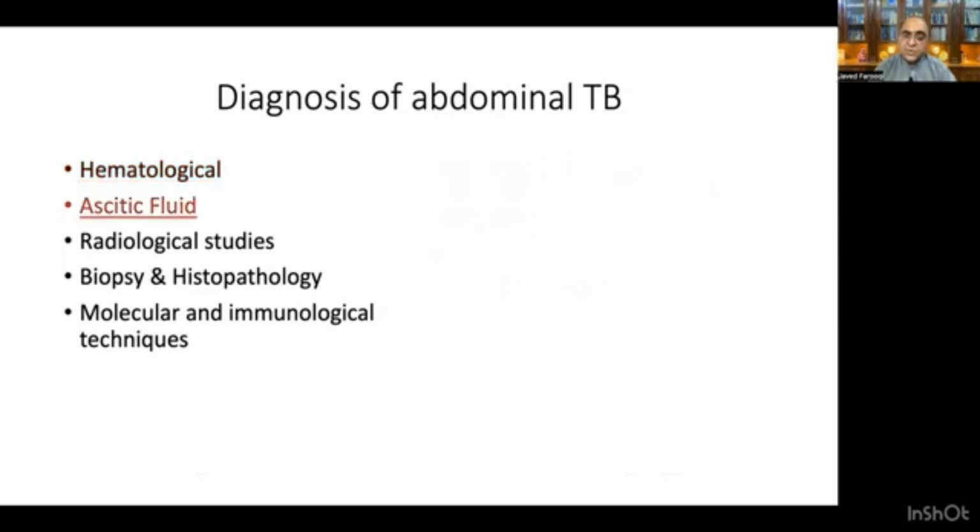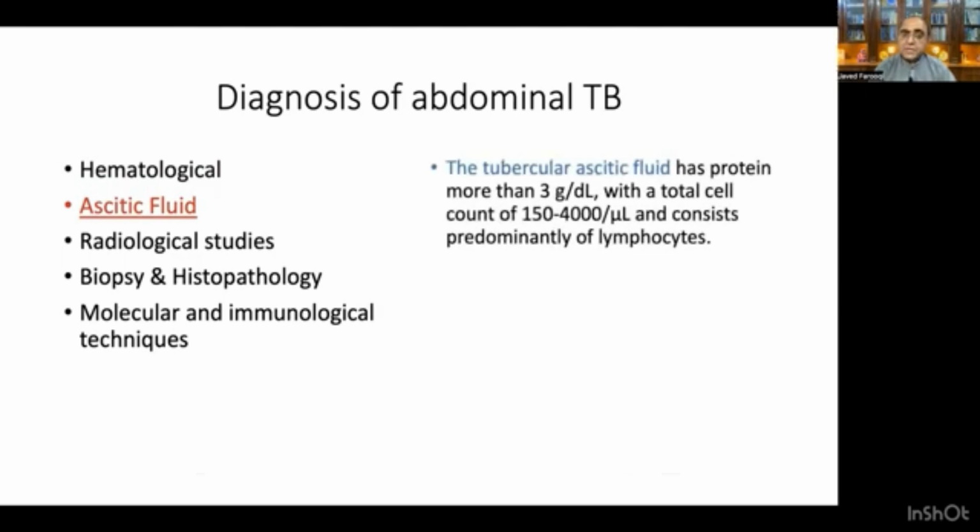Coming to ascitic fluid examination, if it is present, the tubercular ascitic fluid has protein more than 3 grams per deciliter with a total cell count of 150 to 4000 and consists predominantly of lymphocytes. I repeat, protein more than 3 grams with WBC count from 150 to 4000, predominantly lymphocytes.